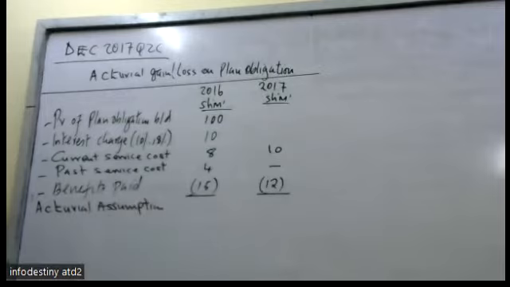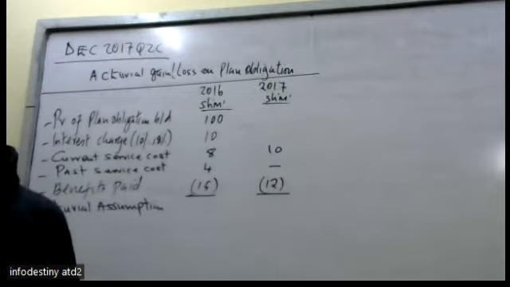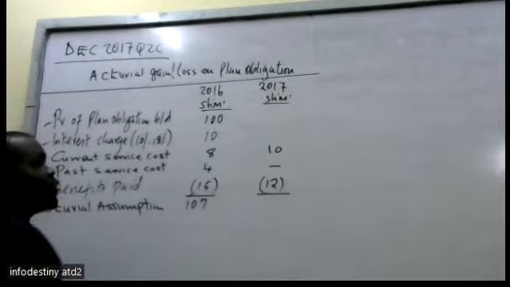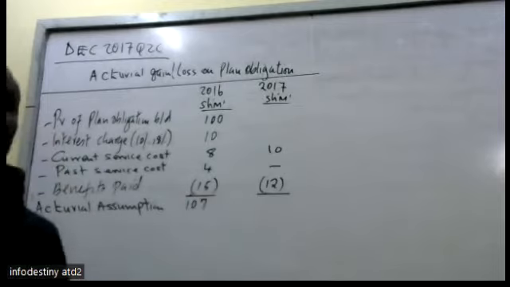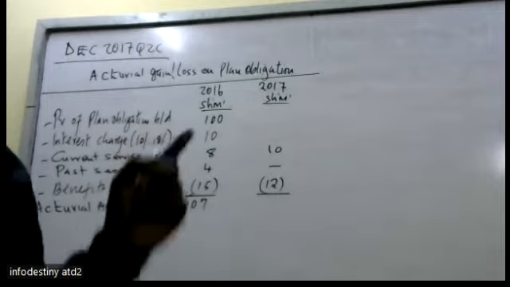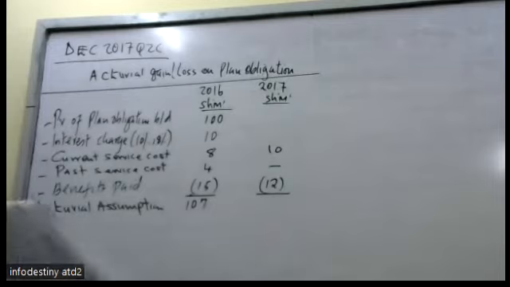We can only get 2016 because the other one is not complete. So how much? 107. So as per what has been said, the actual outcome in the scheme should be 107. Skip 2 lines.